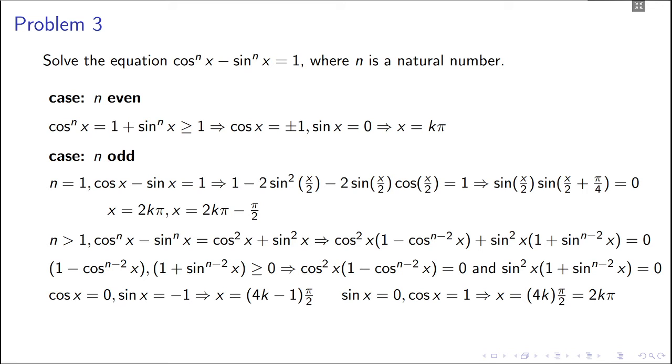Then that gives one more solution. So since you have a multiple of 4k, you would like to write it as a multiple of 4k. So the solution is that when n is even, x is equal to k pi. When n is odd, x is equal to this, because this solution also fits in this one. Okay, so that's your answer.